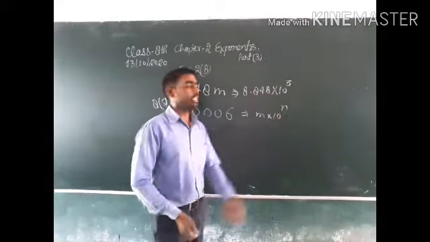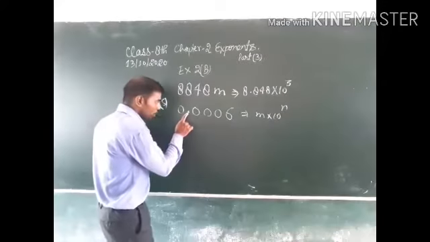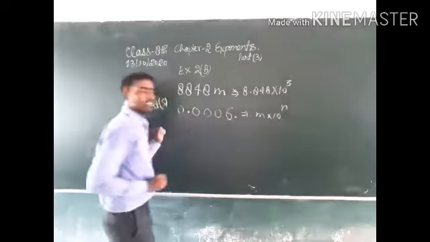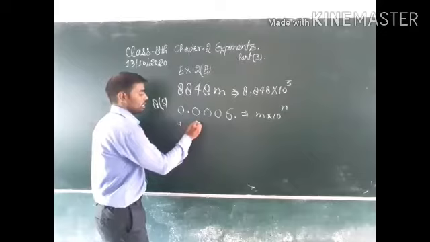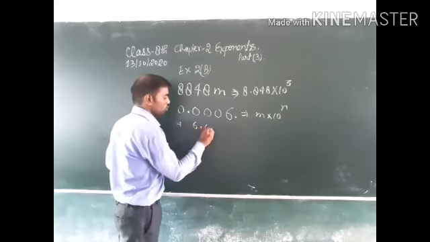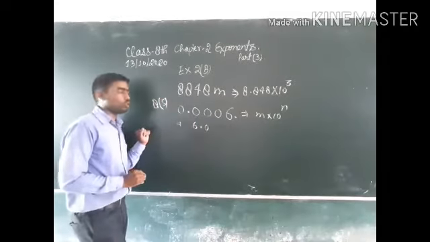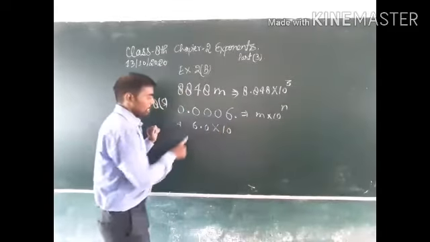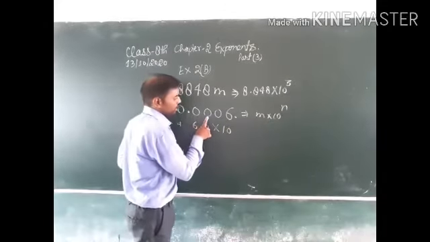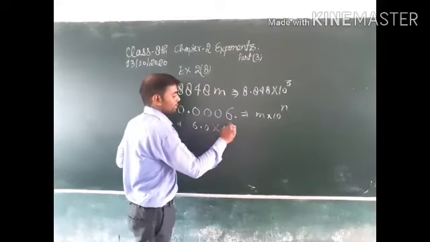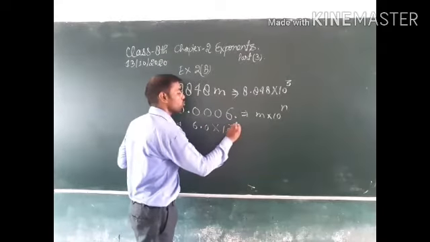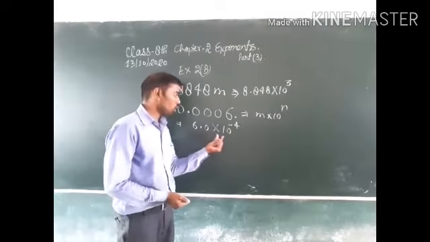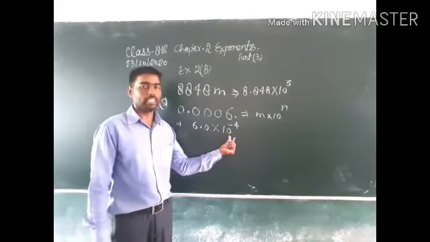This point comes up at this place. So first of all, we write 6.0 into 10 to the power, this is first, second, third, fourth, it means minus 4. 6.0 into 10 to the power minus 4.